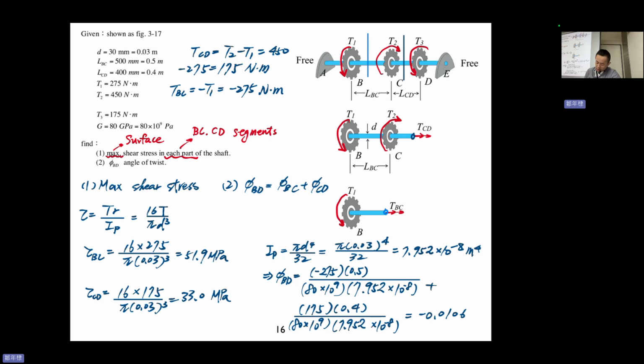All right, and it's minus 0.61 degree. Okay, that's the answer. So it's not really difficult. Yeah, it's not really difficult actually.